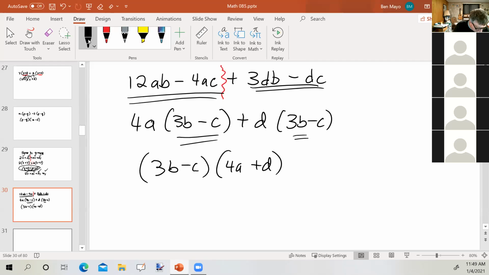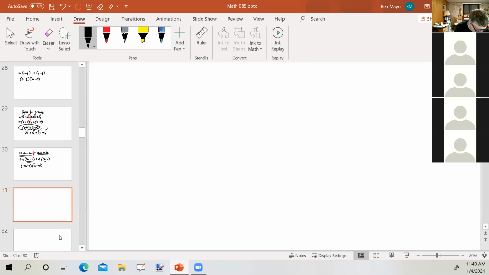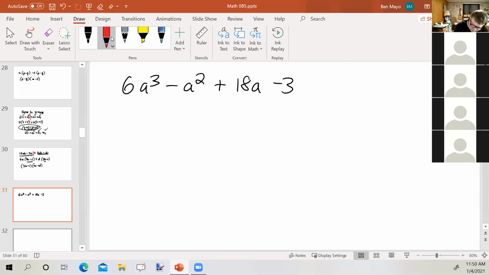Okay, let's see here. How about this? 6a cubed minus a squared plus 18a minus 3. Splitting that up into 2 groups of 2.